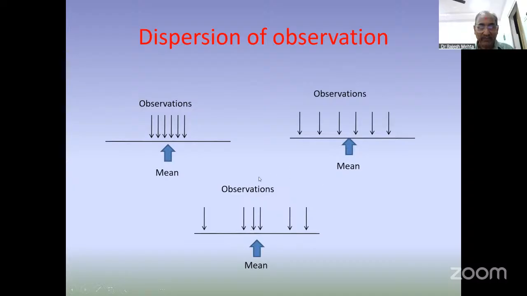Here the observations are there. All the three means are the same. But you can see the dispersion is different in all the three. You should look at this line carefully, because when we talk about the standard deviation and standard error next, this will be very, very useful.